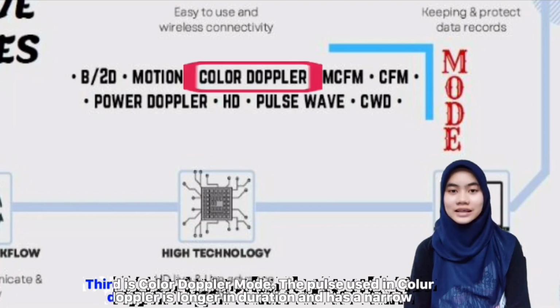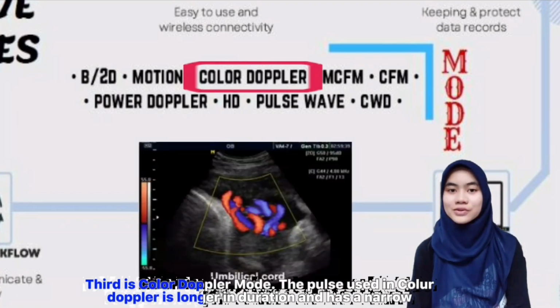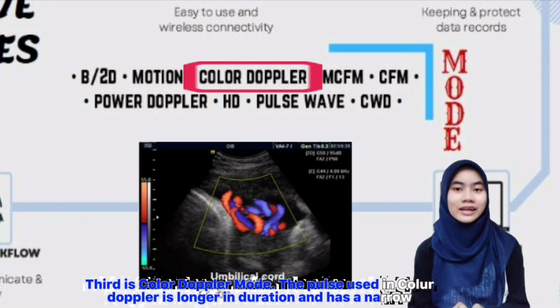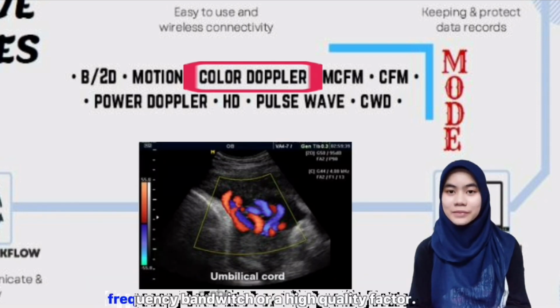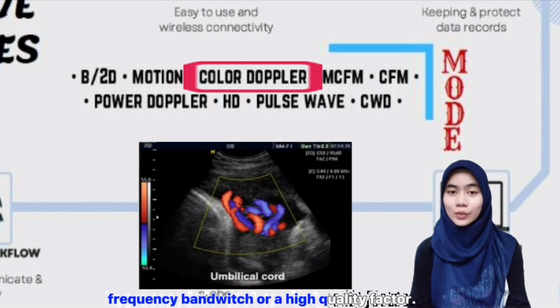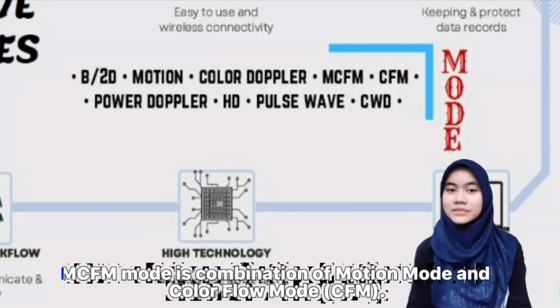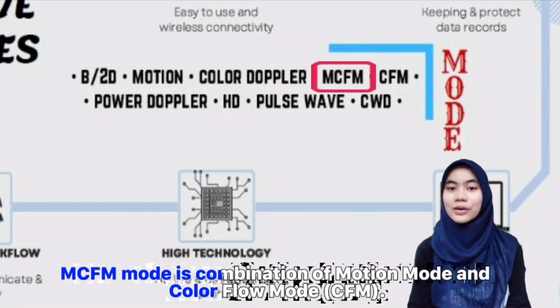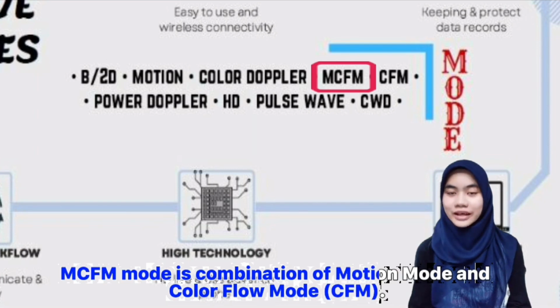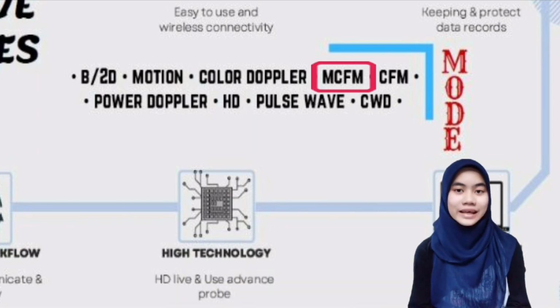Third is color Doppler mode. The pulse used in color Doppler is longer in duration and has a narrow frequency bandwidth or a high quality factor. MCFM mode is a combination of motion mode and color flow mode, CFM.